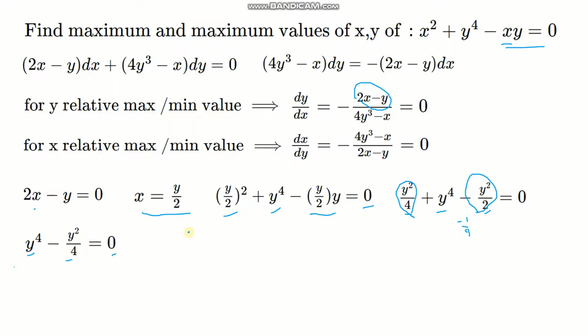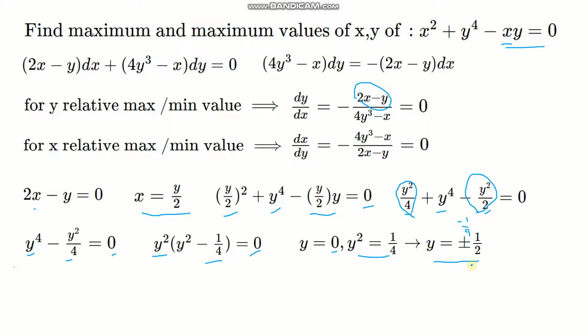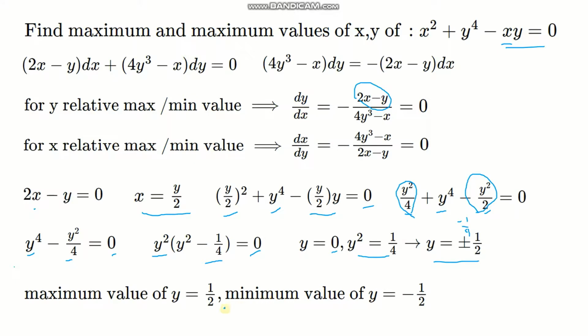Now we factor out y squared, becoming y squared times (y squared minus 1/4) equals 0. So the solutions of this factorization are y equals 0 and y squared equals 1/4, so y equals plus or minus 1/2. So we have a maximum of y equals 1/2 and a minimum of y equals negative 1/2.